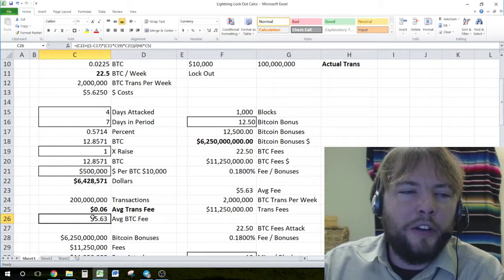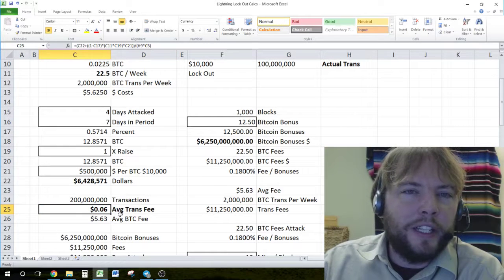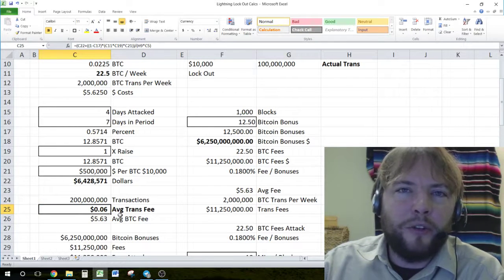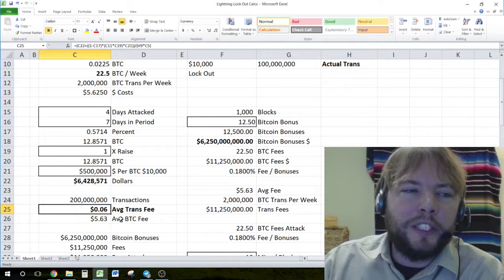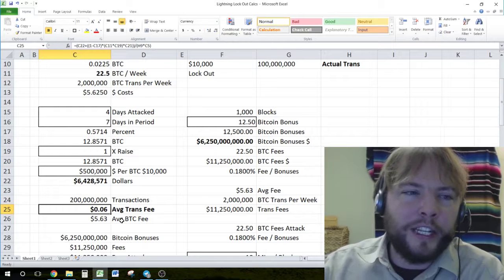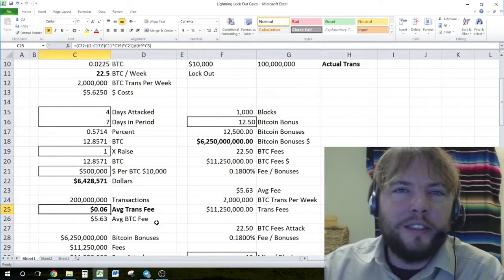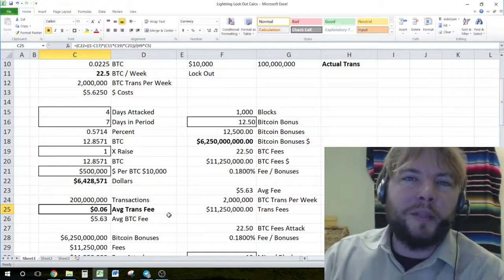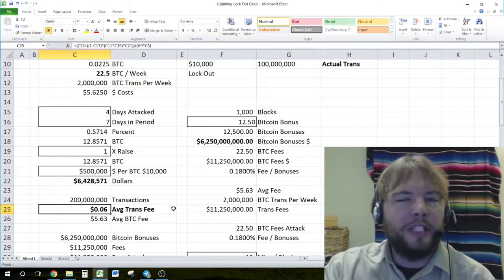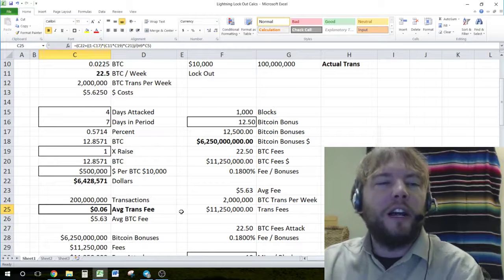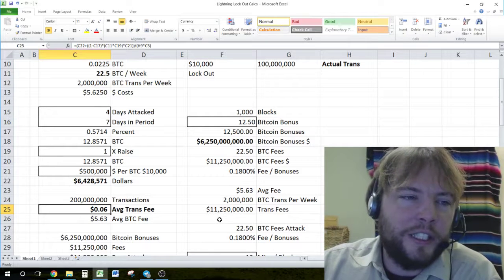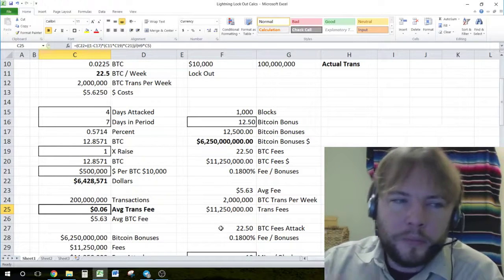Now, how do you go about keeping the average transaction fee at, let's just say, 6 cents? For this purpose, I will just say that no one cares about transaction fees of 5 cents or 10 cents. Nobody cares about a transaction fee of 5 cents, 10 cents. Nobody cares about too much of a transaction fee, like $2.